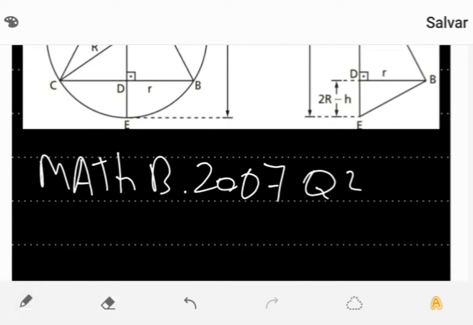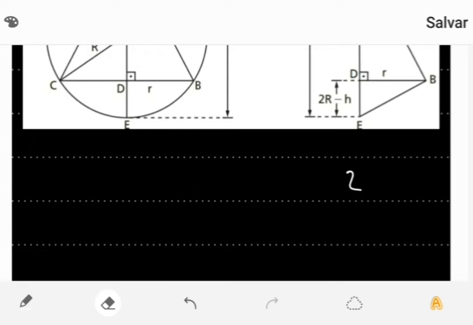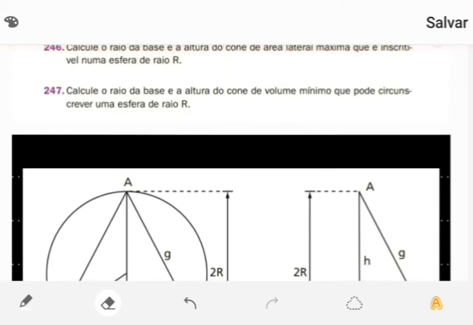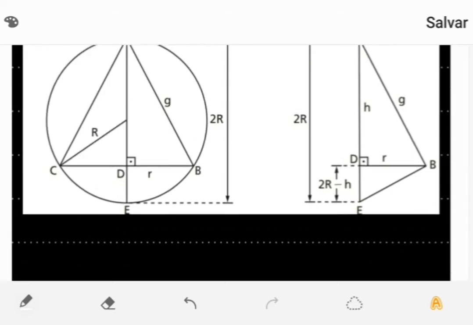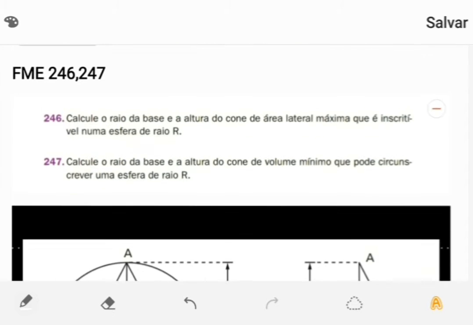They are really similar, especially the 246. I'm going to leave them in the same playlist. So let's read the question. So 246, okay? The question 246.